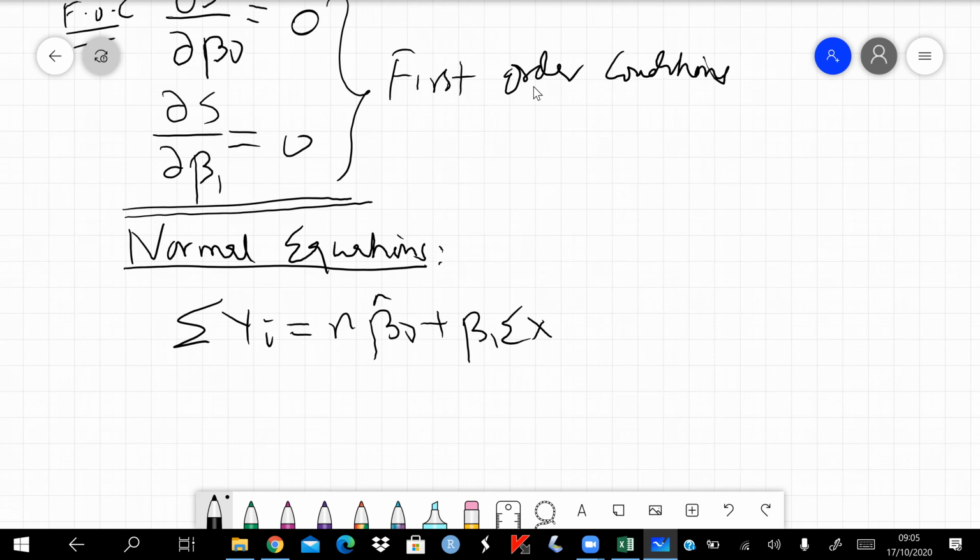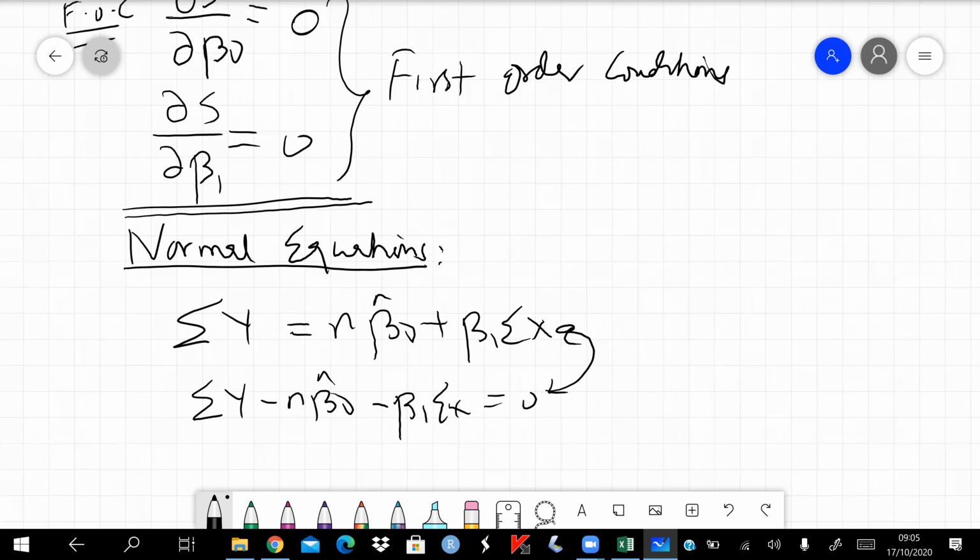So let me remove these denotations to keep it simple. That's our first normal equation. It's only that in the notes we had all these terms on the left hand side: summation of y minus n beta naught minus beta 1 summation of x is equal to 0. These two statements are exactly the same.